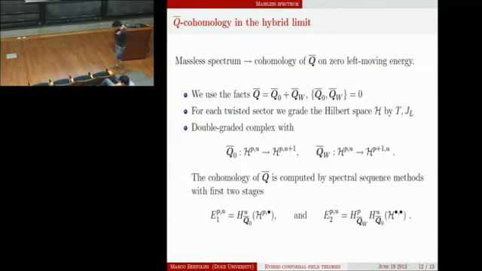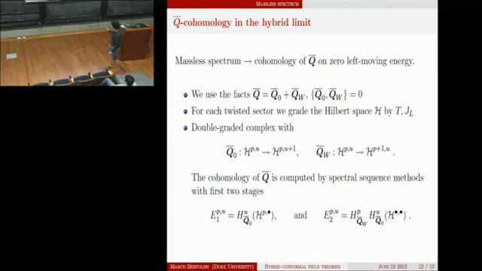So how is the computation actually done? I remind you, for the mass spectrum, we established that we have to take the Q-bar cohomology on vanishing left-moving energy space. We use the fact that this operator Q-bar is written as a sum of two pieces, where Q-bar W contains the entire dependence on the superpotential, while Q-bar naught is the superpotential-independent piece.